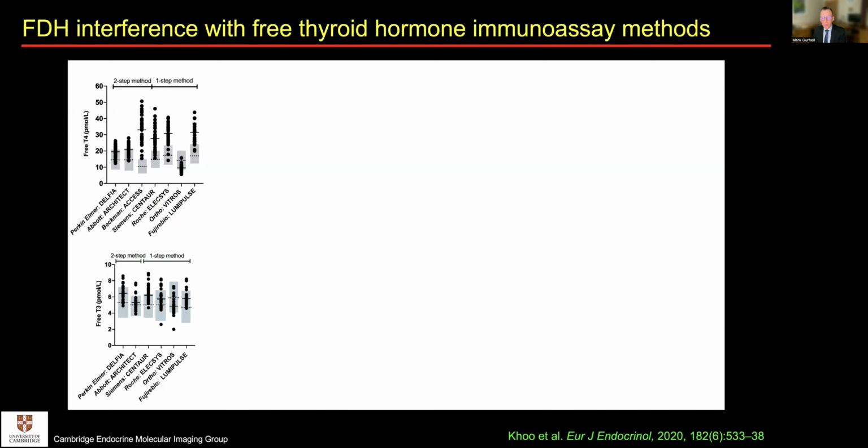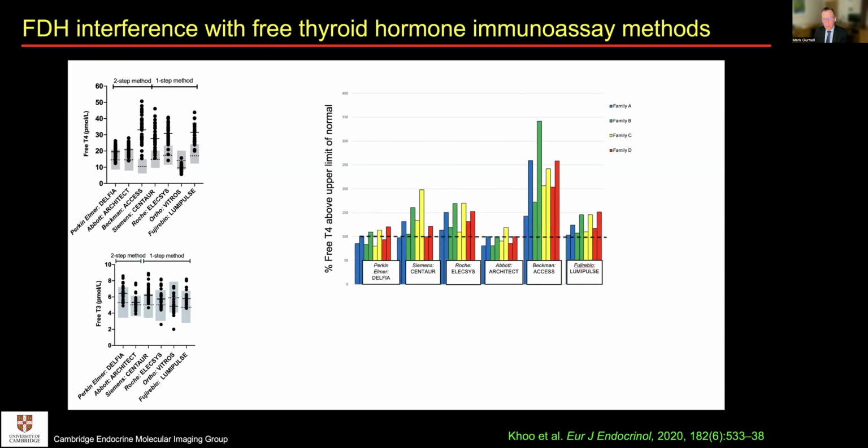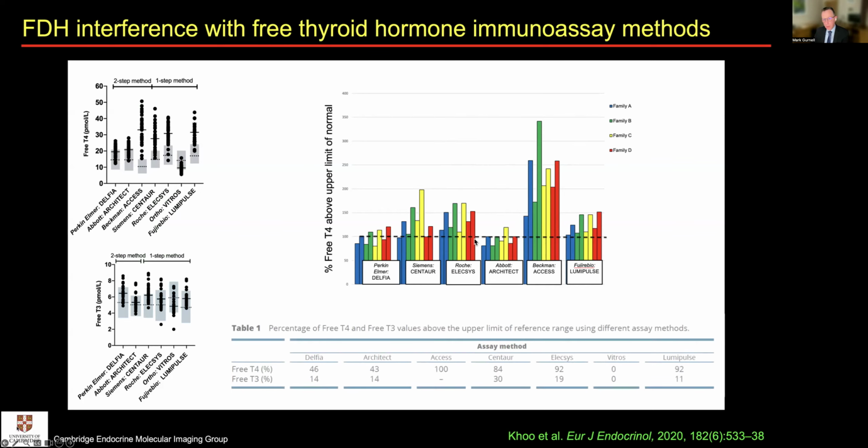And again, we reported a few years ago how very many of the commercially available assays, not just 1-step, but actually rather frustratingly a number of 2-step assays, were subject to interference in families with genetically proven FDH, with varying degrees of interference, even among family members from the same kindreds.